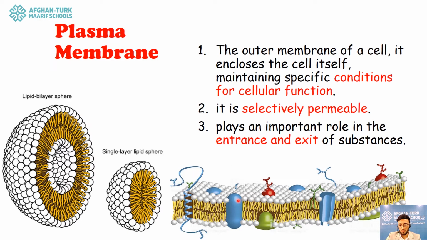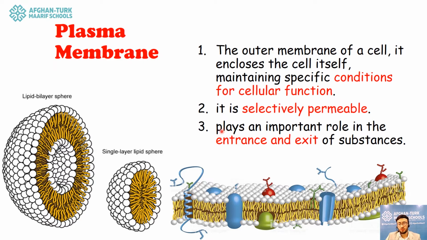For example, the proteins embedded inside the cell membrane, also the glycoproteins and glycolipids, the cholesterol and enzymes. Each of them is specified in order to carry out an important function. Therefore, the diffusion of materials is selectively specified. It means they admit some materials to get inside the cell, and also some important ions and materials to get outside of the cell.